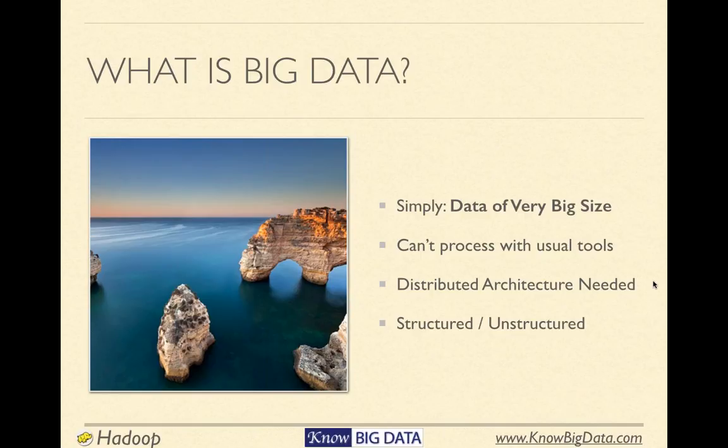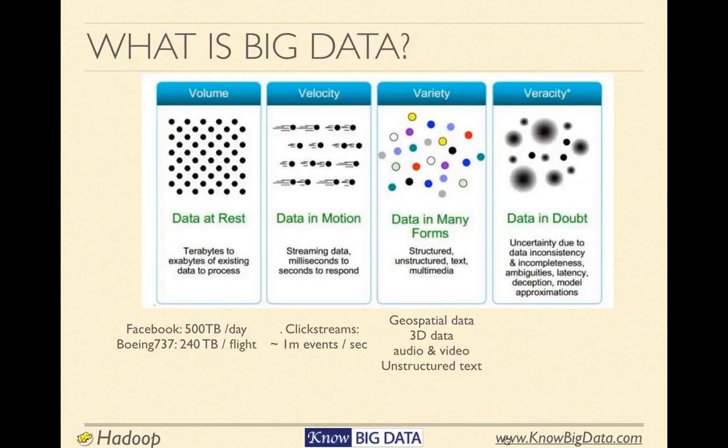So whenever you encounter a problem where you require a distributed architecture, you say that we are dealing with big data. And when we say big, it is big in terms of volume, big in terms of velocity, big in terms of variety, and big in terms of veracity.